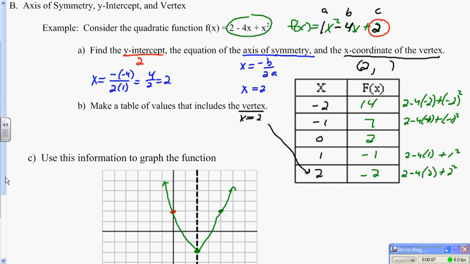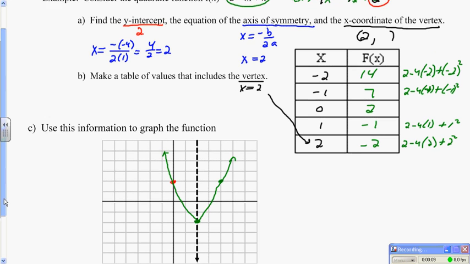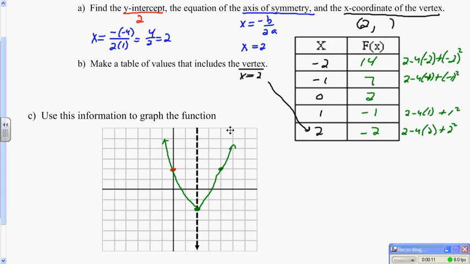Just to finish up with this one part, I wanted to emphasize something. If we plotted our points from the table we created, (-2, 14) won't even be on the chart, (-1, 7) will just be off the chart, and 0 gives us 2, and 1 gives us -1, so that would be right here.